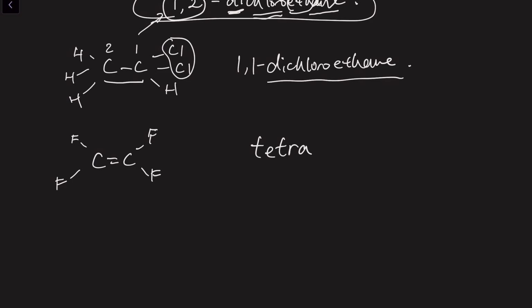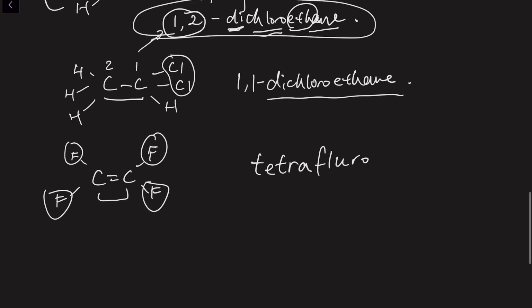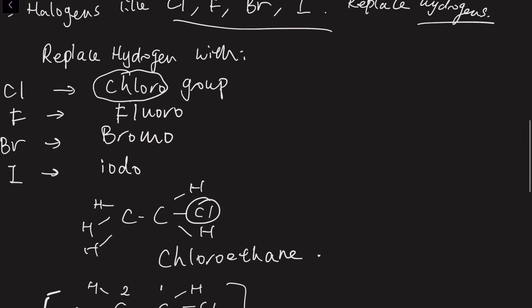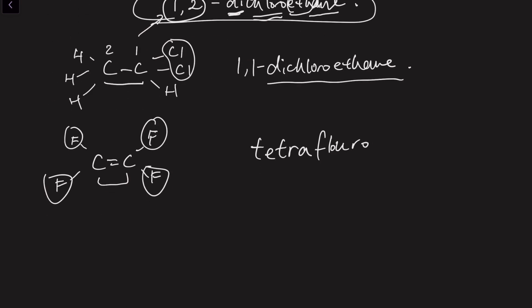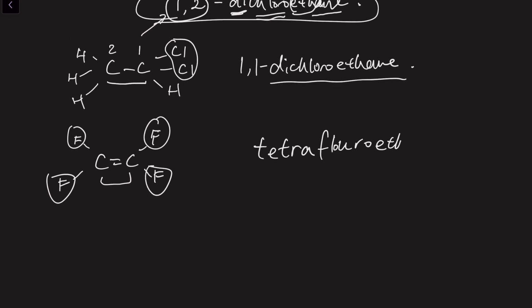And it has 2 carbons in the carbon chain and contains a double bond. So we know that it's replaced by fluorine. So it should be tetrafluoro based on the naming convention. And ethene.